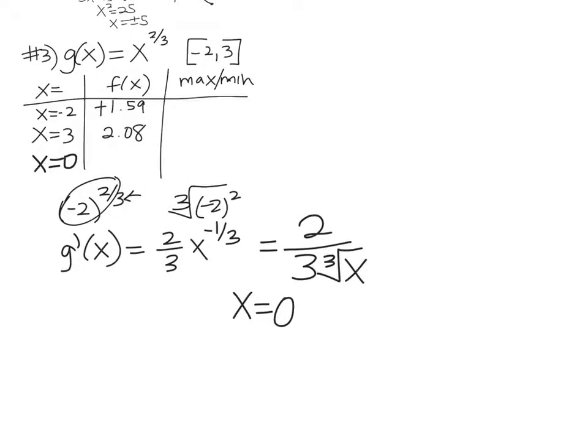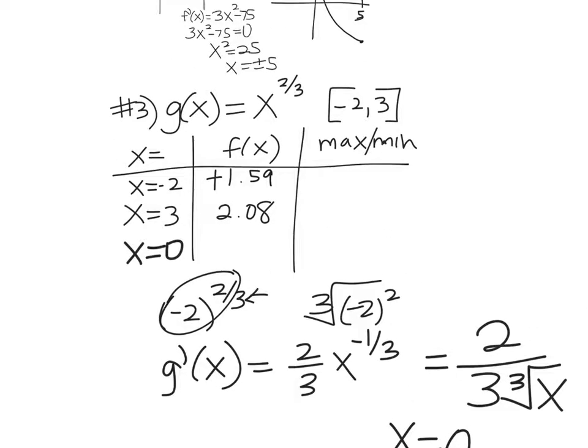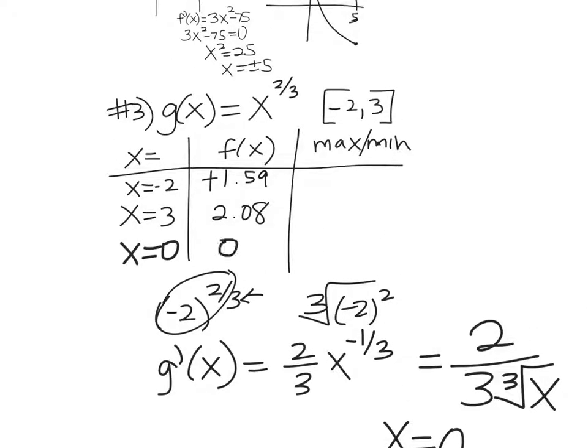I like to set this equal to 1 over 0 in a way. So you're really trying to find out where the bottom equals 0. It's kind of like finding the domain of something. You're trying to find out what would make the denominator 0 here. Because you can't have 0 in the denominator. All right, now plug in 0. What's 0 to the 2/3? That would be 0.